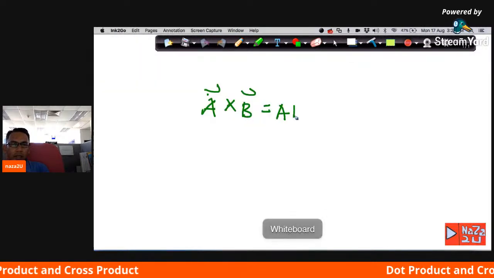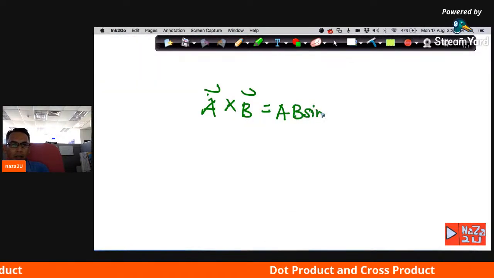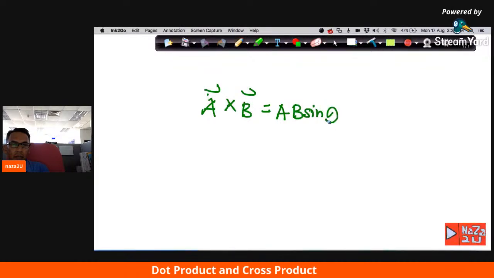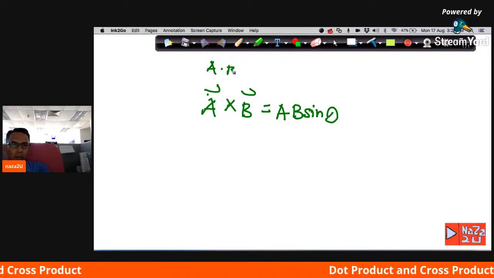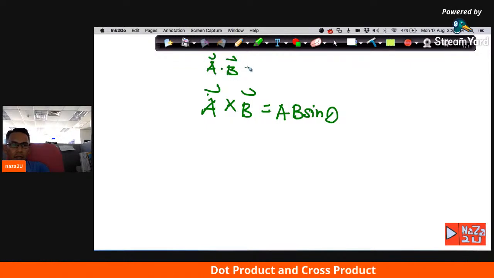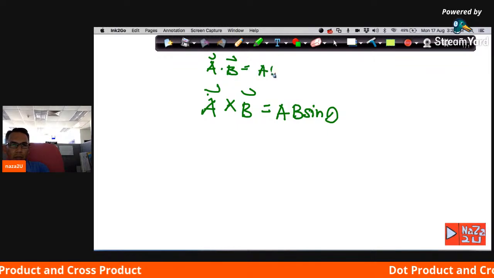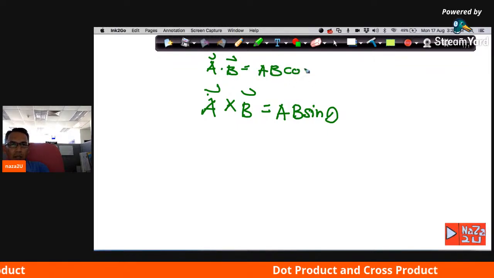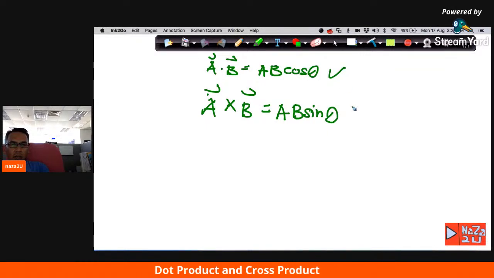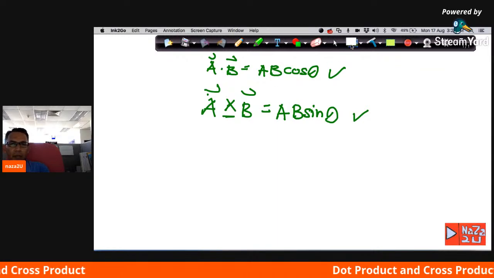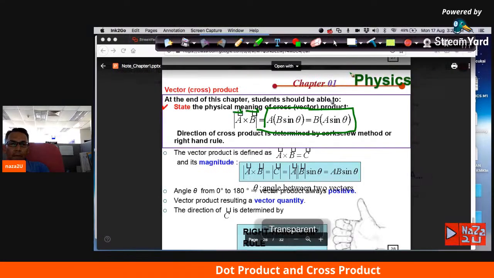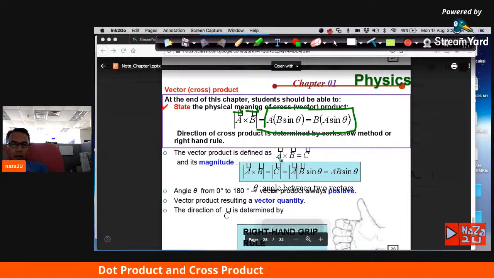This is AB sin theta. So if you look at the dot product earlier, vector A dot vector B, we had A dot B is equal to AB cos theta. This is the dot product. This is the cross product.